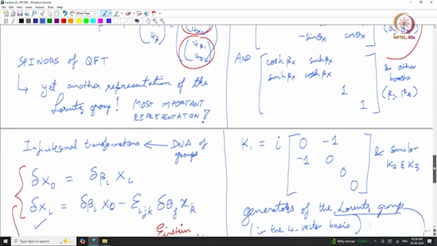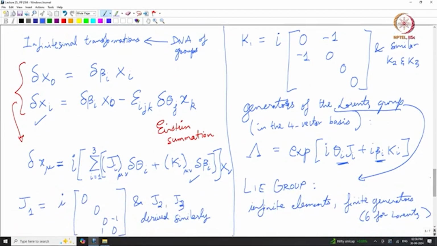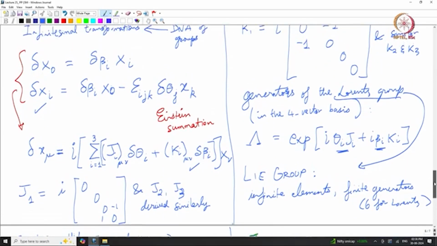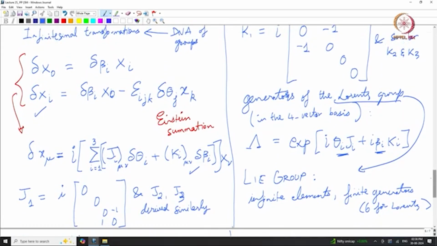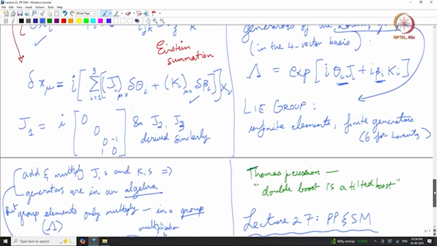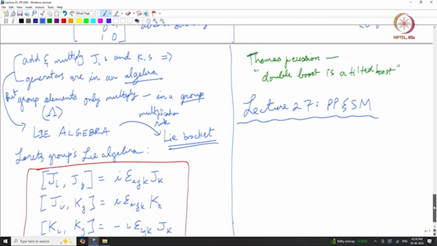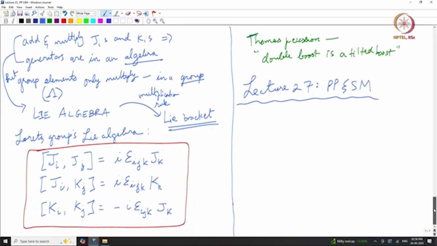And from there we went on to the concept of Lie groups, that are continuous groups containing infinite elements generated by a finite number of generators, in this case generators of rotations and boosts. Agreed? So these generators generate the entire group, hence their name. And from there we went on to the concept of the Lie algebra, which is basically an algebra that the generators themselves live in, and the multiplication rule is called the Lie bracket.